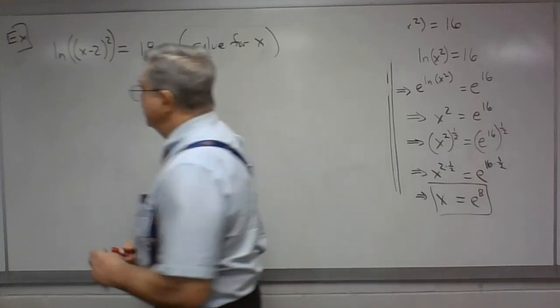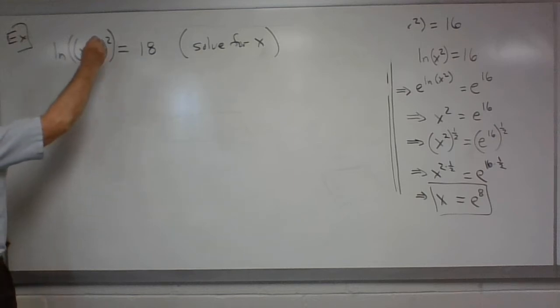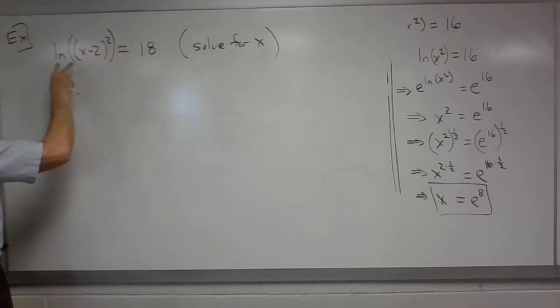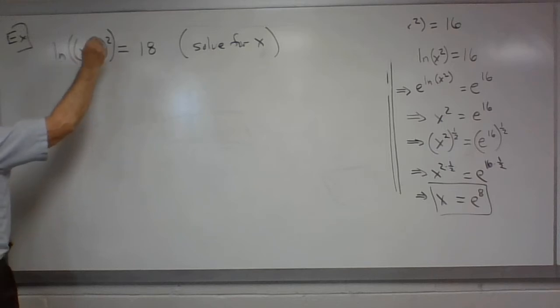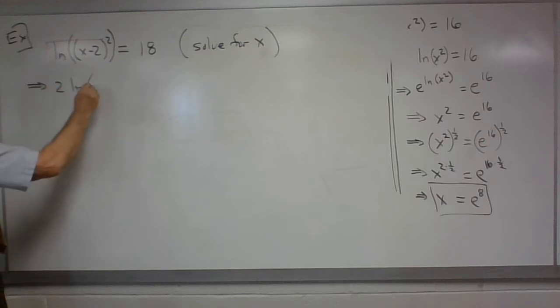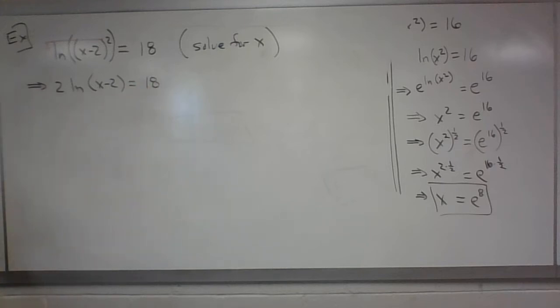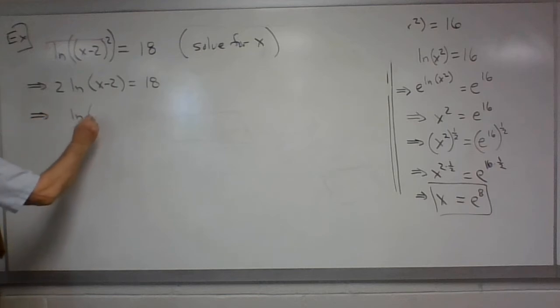I think what I'm going to do is I'm going to use the properties of logarithms. The logarithm of something raised to a power is just that power times the logarithm. So I just moved the exponent down front as a multiplier, a property of logarithms. And then I'll divide both sides by 2.